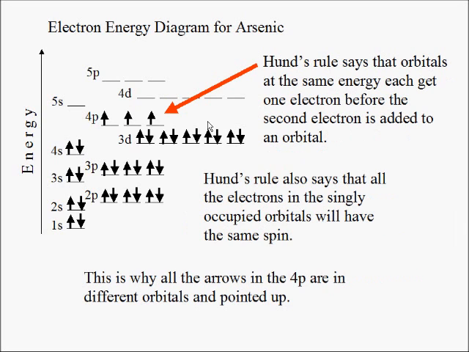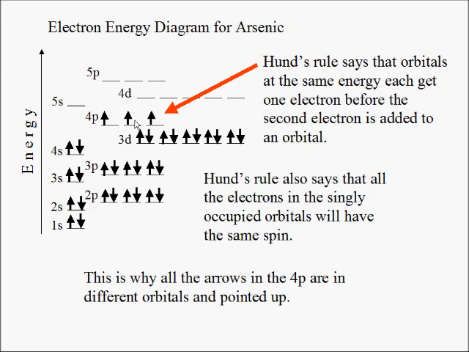Hund's rule basically says that orbitals at the same energy, in this case the 4p, each belong to one orbital. So it says that each electron goes into one orbital before the second electron is added to the orbital. The reason for that is that putting 2 electrons in 2 separate orbitals located 90 degrees apart is going to be lower in energy than putting 2 electrons in the same orbital.